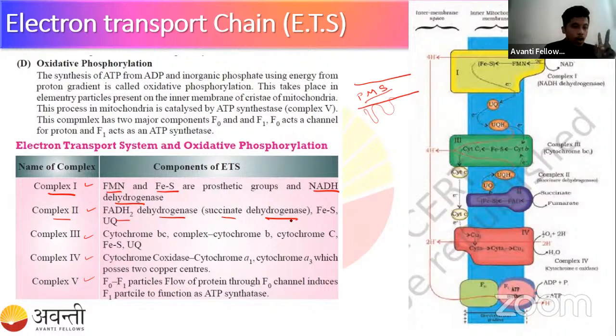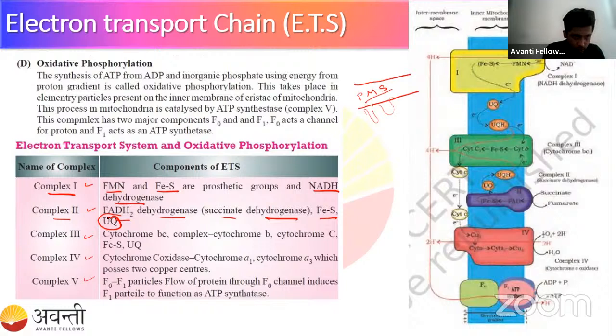Complex 2 has FADH2 dehydrogenase, and it also has FeS similar to complex 1, and one more important electron carrier called ubiquinone. Very, very important. So complex 1 has NADH dehydrogenase, complex 2 has FADH2 dehydrogenase, and it also has ubiquinone.